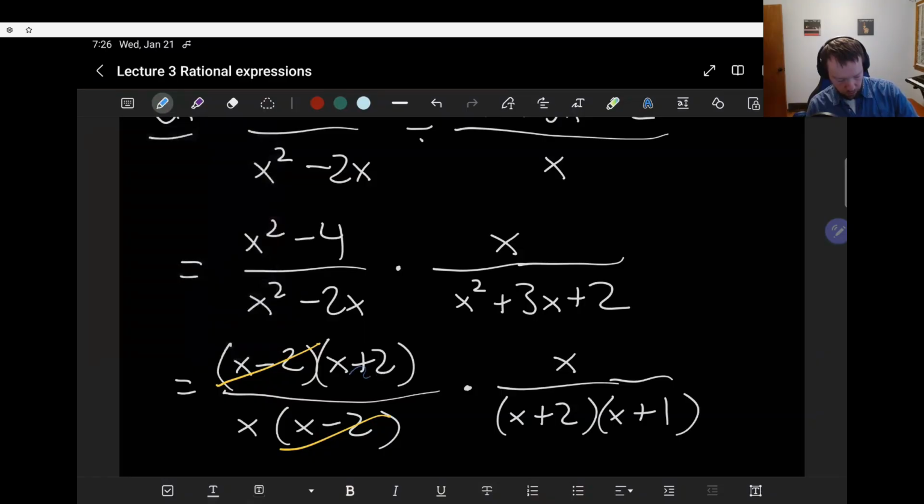We have these common factors here, and it doesn't matter if one is in one of the fractions and one is in the other, because when you're multiplying fractions like this, it all just mushes together into one in a very nice way.